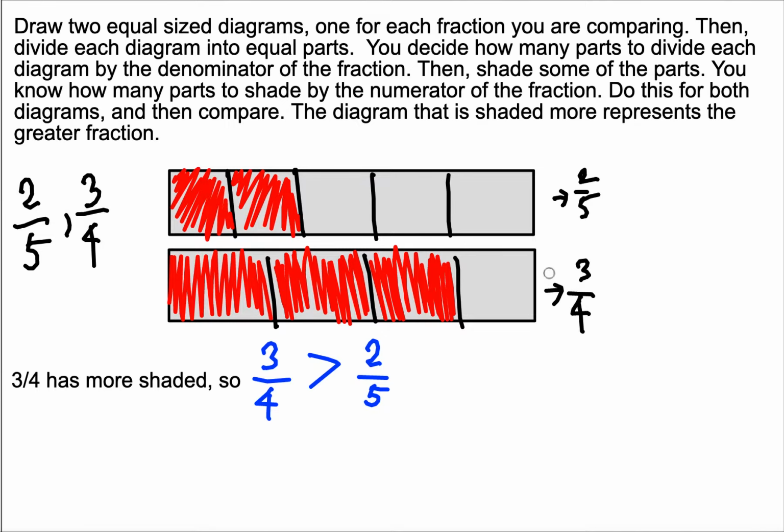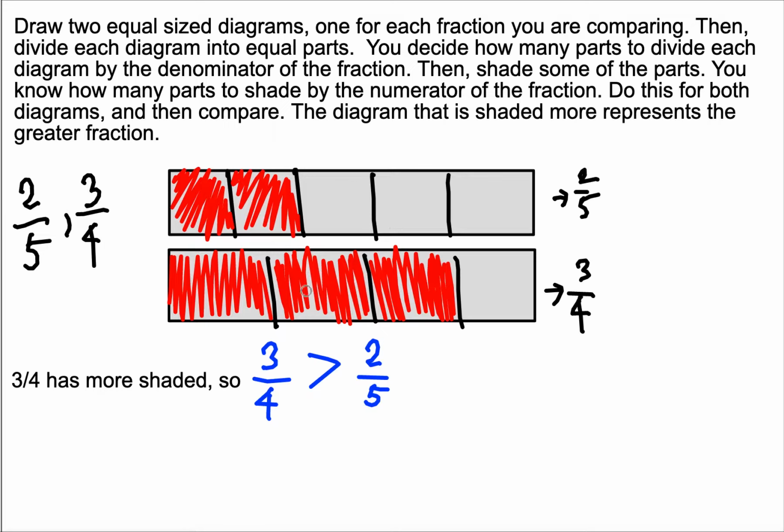After we do that, we shade some of those little boxes we created. We know how many parts to shade by the numerator of the fraction. In this case, we shade 2 of the parts because our numerator is 2. And for the 3/4 bar, we shade 3 of the 4 pieces because our numerator is 3.